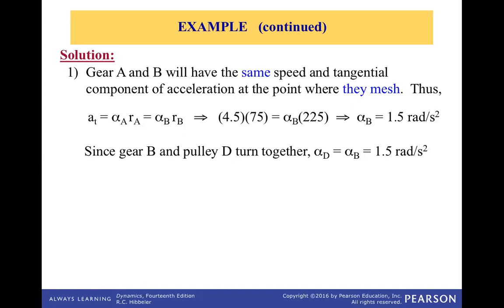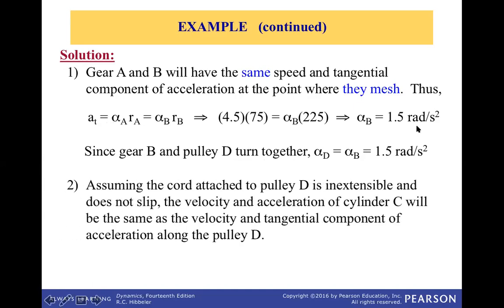So you are given oscillation, so you are going to use this shared oscillation at that point P. So alpha A, RA is going to be alpha B, RB, okay. So then you can solve for alpha B, the angular oscillation for B, to be 1.5, all right. Then D and B, because they are welded together, D will have the same angular oscillation as B, okay. So 1.5 as that one, all right.